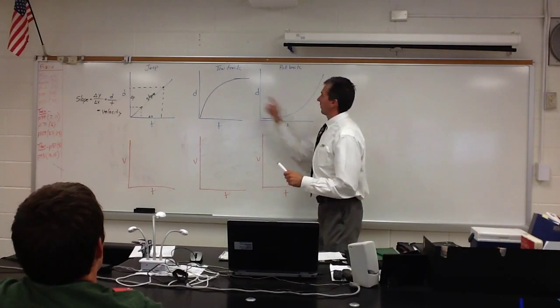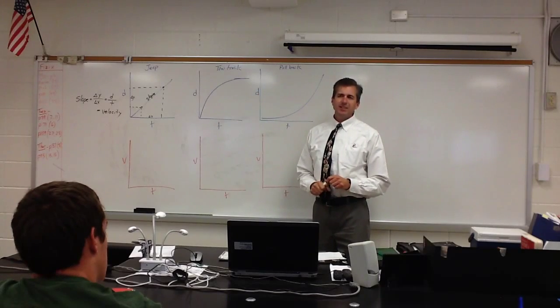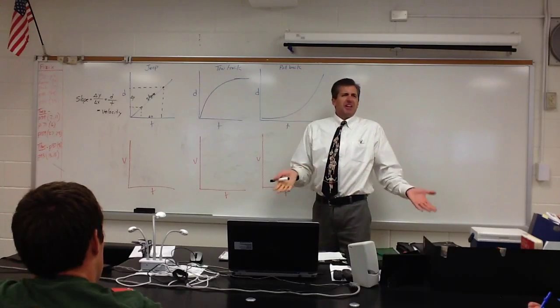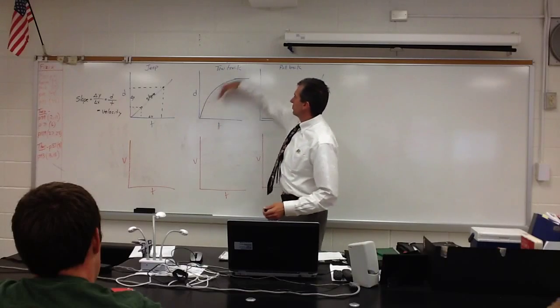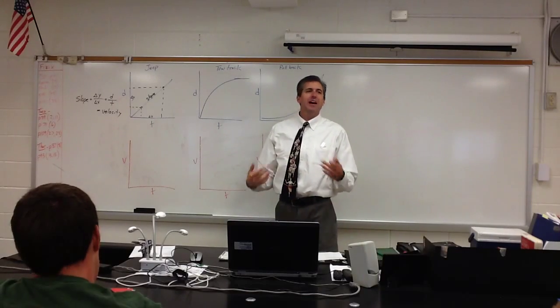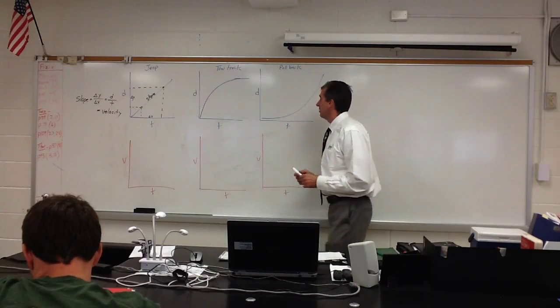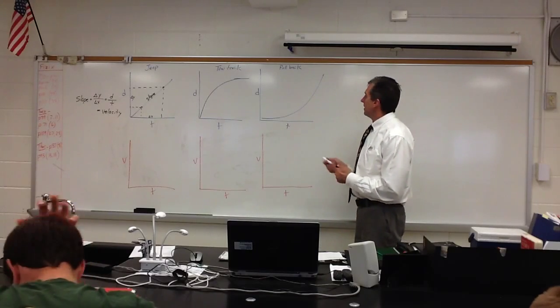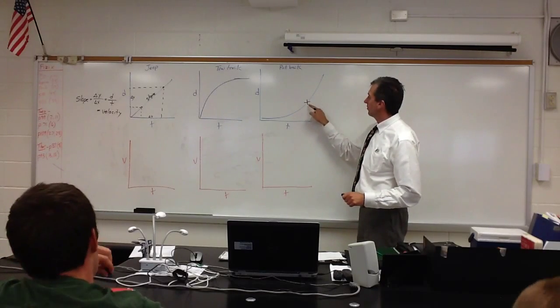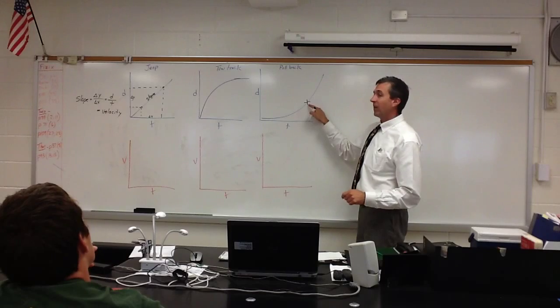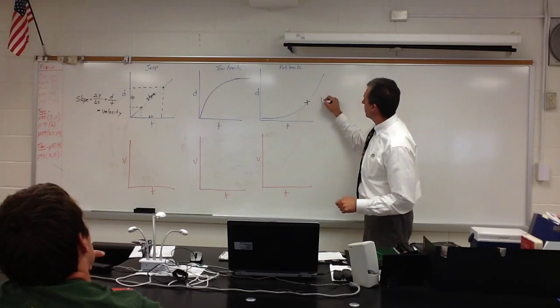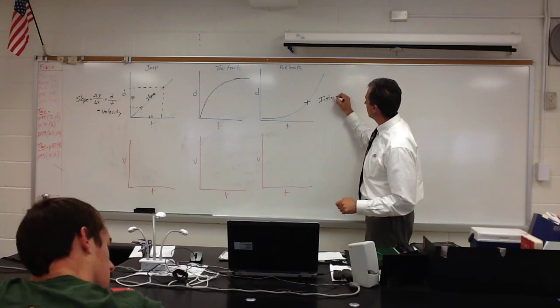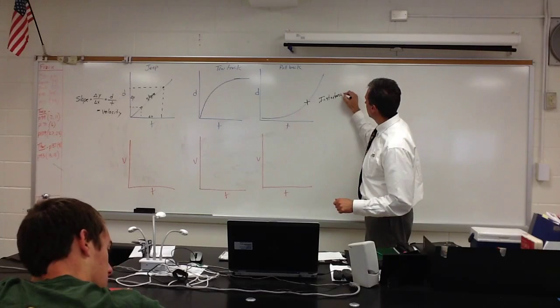Can you take the slope of a curved graph? Well, you could, but then you'd be like straightening out the slope, you know what I mean? You'd be like drawing a straight line through this, so it wouldn't really tell you much. But what you can do, if you need to, is if you, for instance, wanted to know something like, what's the velocity right there? That would be called instantaneous velocity.